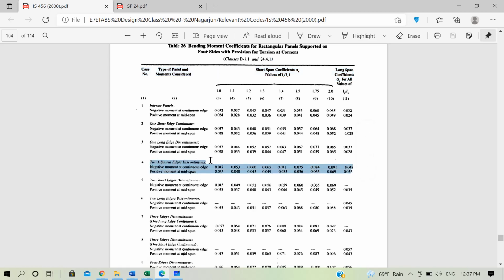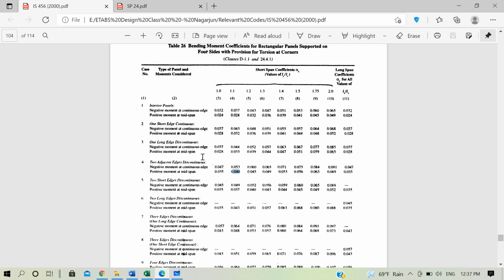Two adjacent edges discontinuous, and from this number 4 we know that Ly by Lx value of ours is 1.099, which is very nearly equal to 1.1. So take this coefficient. For negative moment at continuous edge, take 0.053, and for positive moment at midspan, take 0.040. This you get the value of alpha x for short span coefficient.